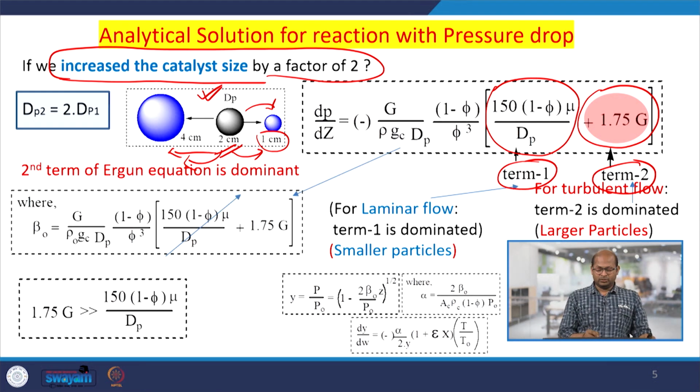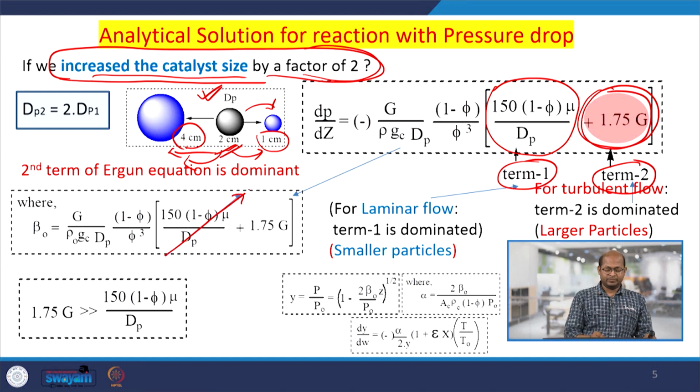Depending upon that, let us say we have increased the catalyst size by a factor of 2, initially 2 centimeters was the particle size placed inside the packed bed, and now we double it to 4 centimeters. Once we double the particle size, this second part becomes the dominant part.